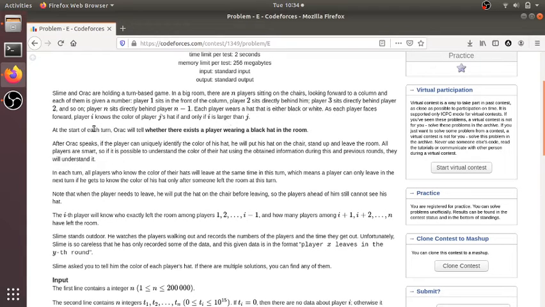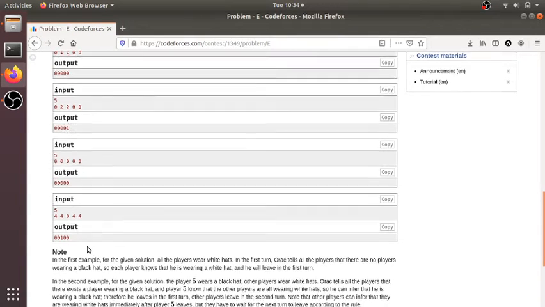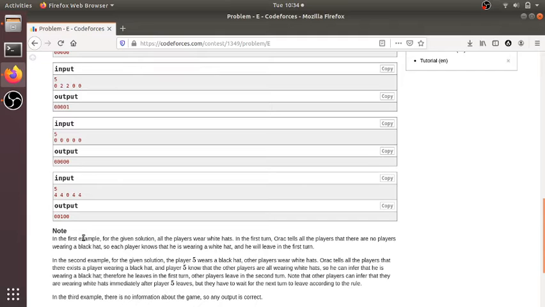Oh, there can be more than one player. What if all are black? Ah, that is why. Yes, yes, yes. So nobody knows for sure if he's wearing black or white. So how did he come to know in the 4th round that he is wearing a white hat?